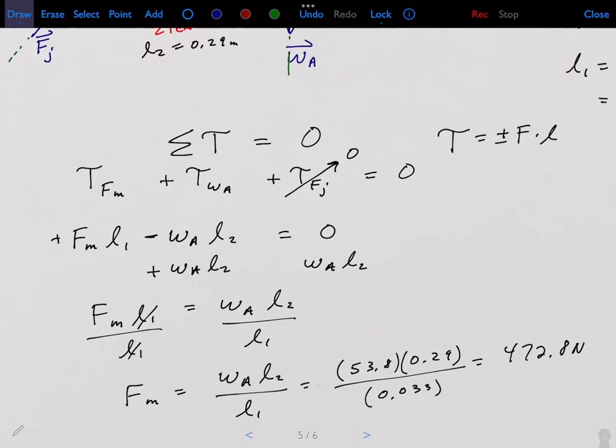Okay, now we want to find the joint force, right? The magnitude of that joint force. So I'm going to draw the picture again. Here's my shoulder joint. There's the upper arm, the entire arm, upper arm, forearm, and hand, held at 90 degrees, abducted.